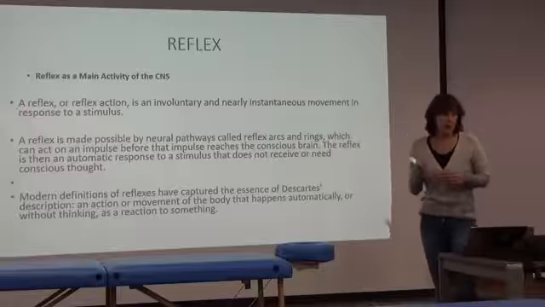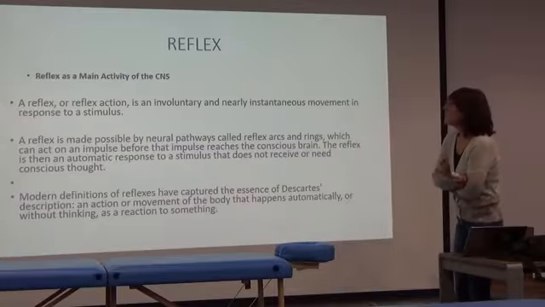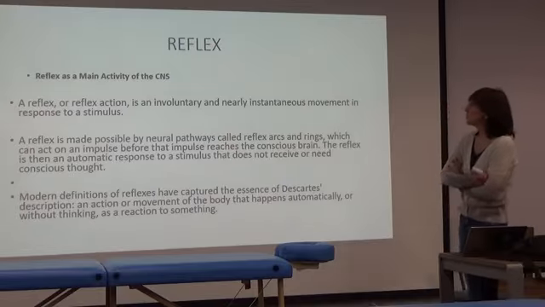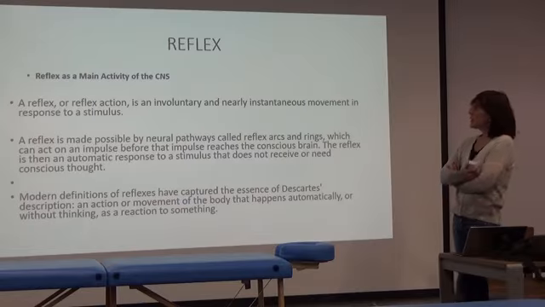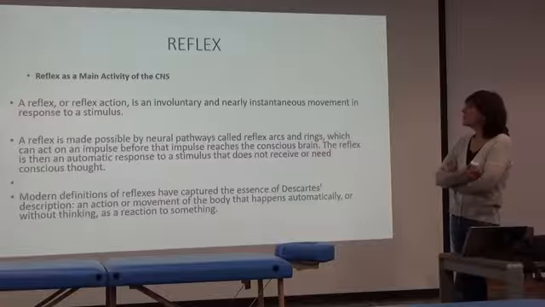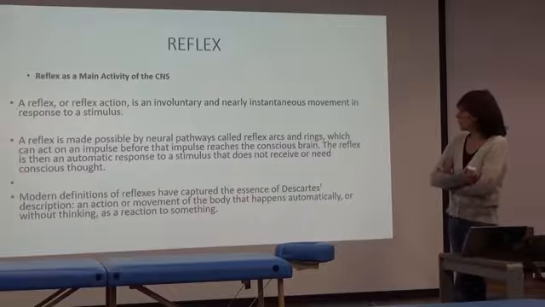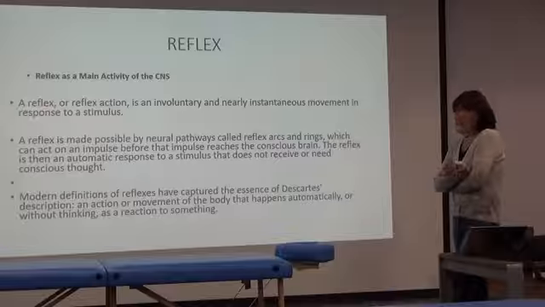So, as we discussed above, reflex is the main activity of the central nervous system. We can define reflex as an involuntary and instantaneous movement in response to any kind of stimulus. How does the reflex work?